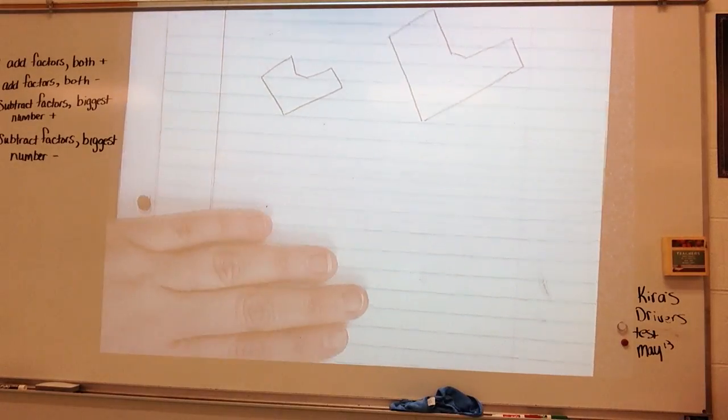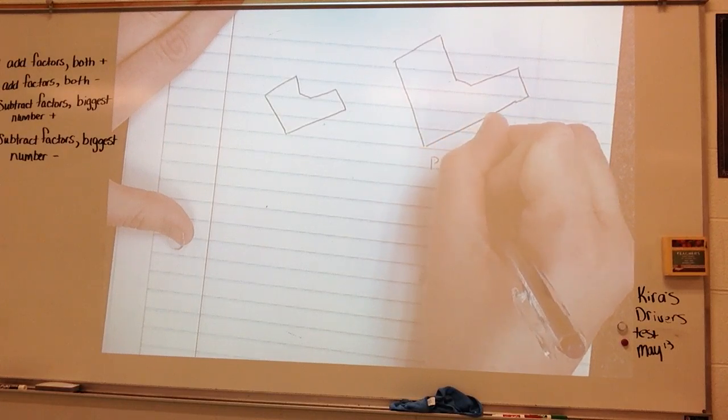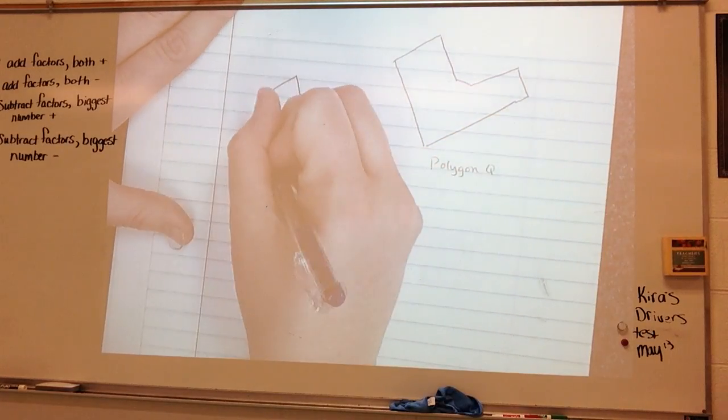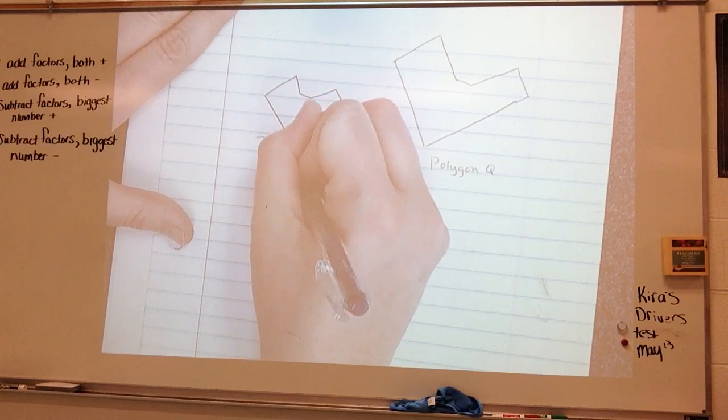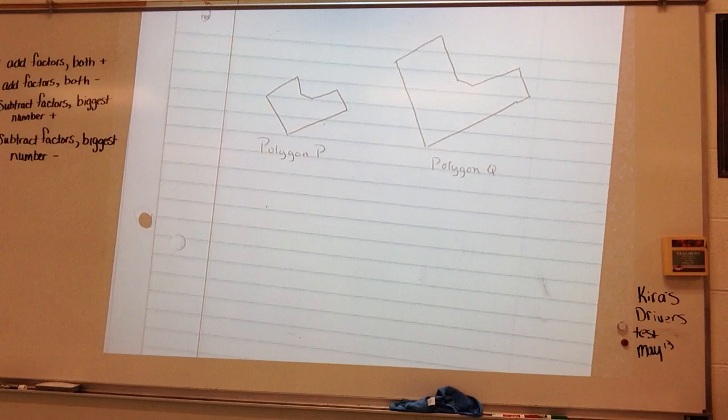Okay, so we'll call this polygon Q, and we'll call this polygon P. Alright, so polygon Q is the image of polygon P under a similarity transformation with a scale factor of R. How can we show that our conjecture holds for a polygon such as this?